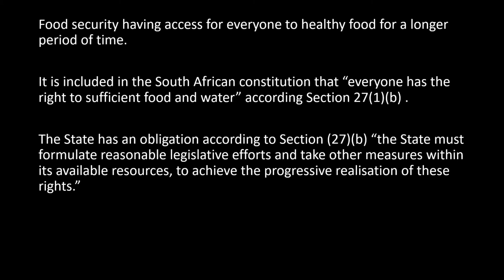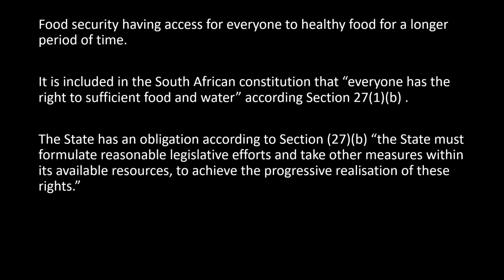Starting off with the definition of food security, which is everyone having access to healthy food for a longer period of time. It is included in the South African Constitution that everyone, and I quote, everyone has the right to sufficient food and water, which is in section 27(1)(b).